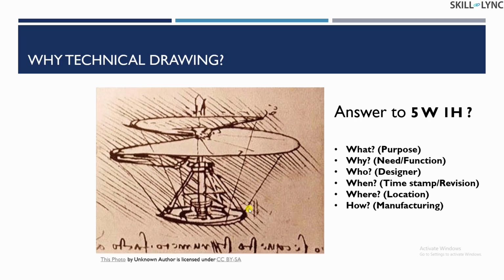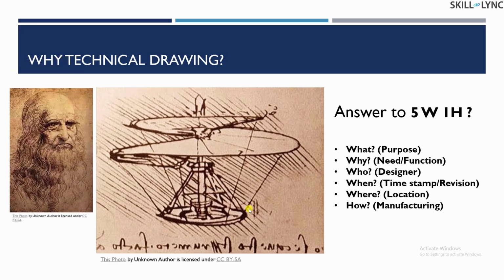Actually, this is a creation of Leonardo da Vinci: a helicopter, from way back. He was a very rational design thinker, so he drafted this. This helicopter uses cloth or a very light material, a filament, to create the lift, but it could not be conceptualized or productionized at that point in time.